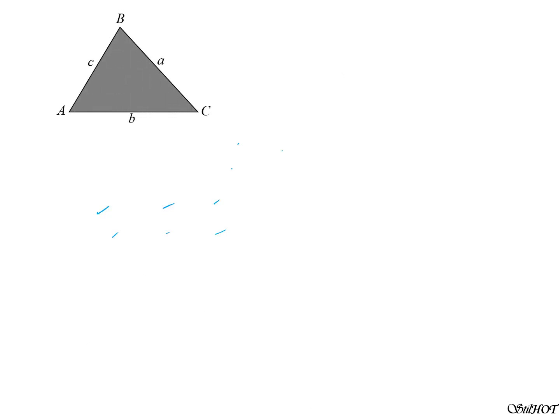So because of that fact, we can now have the derivation of the area of a triangle in terms of these three sides here and the radius of the circumscribing circle.